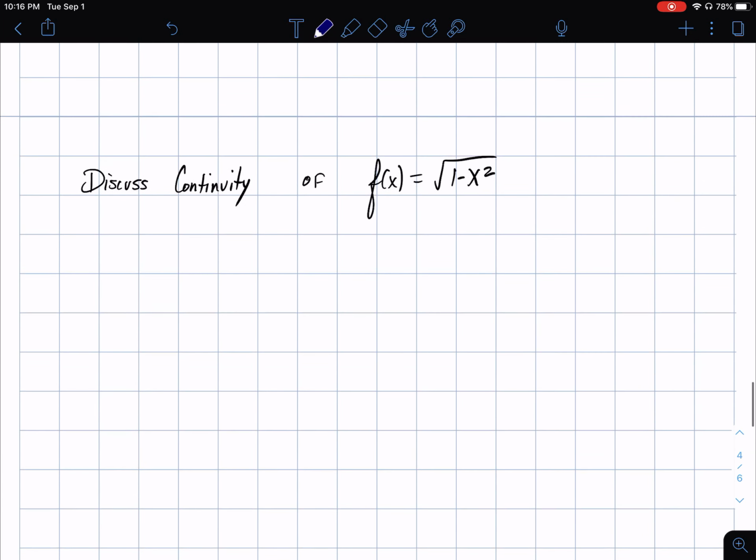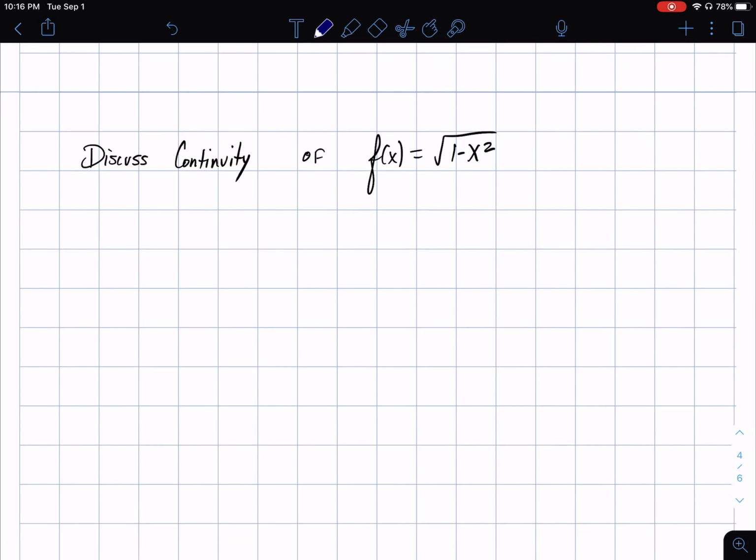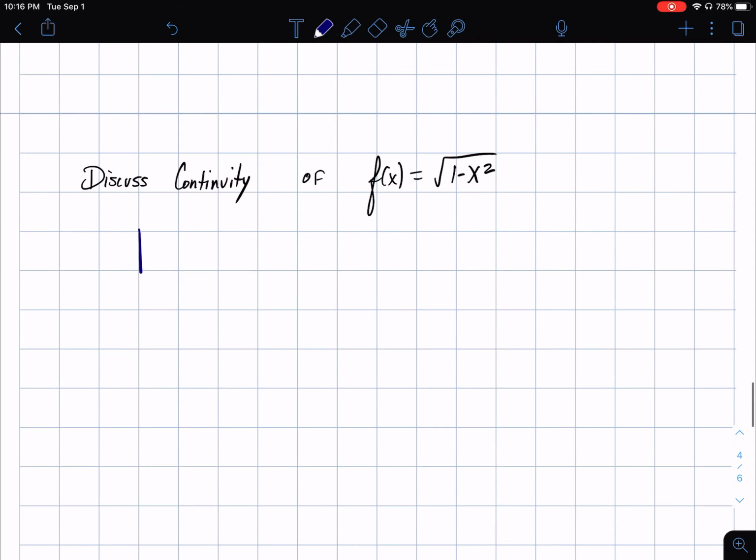Okay, so let's discuss the continuity of this. We have f of x equals the square root of 1 minus x squared. So that's going to look like this. Okay, so we have -1 and 1.